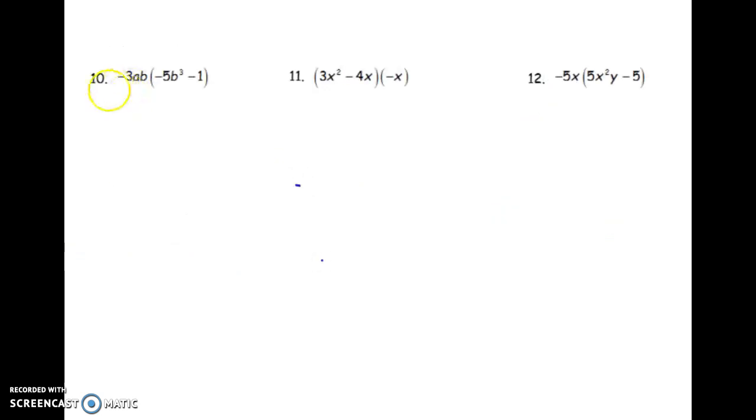So number 10, positive 15ab to the fourth. Then a negative 3 times a negative 1 is positive 3ab. Okay, number 11, if you notice the negative x is on the right side of the parentheses, that's fine. Or you could just rewrite it. Okay, I prefer sometimes just to rewrite it, but you're still distributing the negative x to every term.